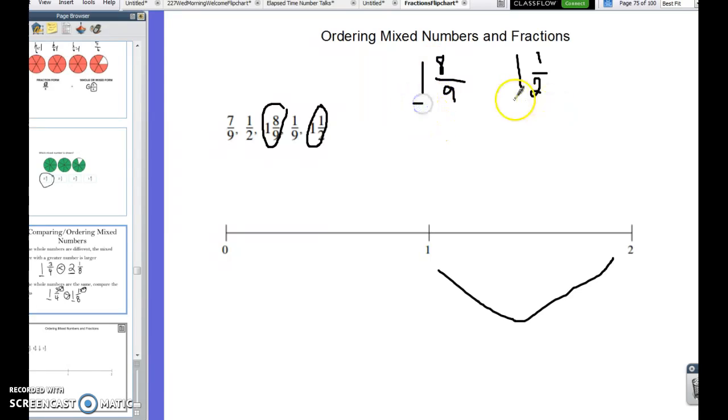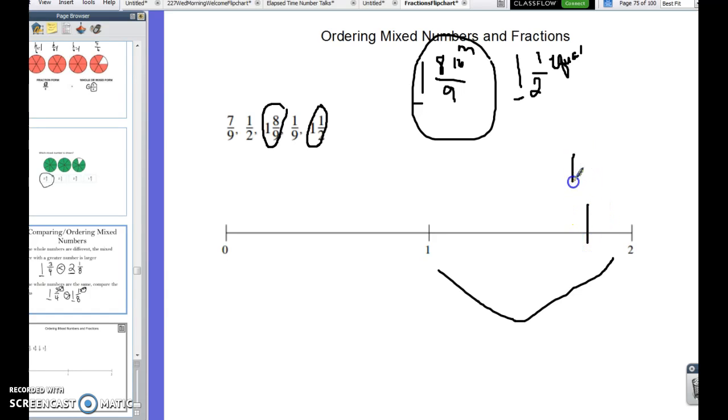The 1s are the same, so now we go to our fraction. If I double this, 16 is more than 9, so this is more than 1/2. And then 1/2 we know is equal to 1/2. So that means that this one is greater, and this one is going to go over here.